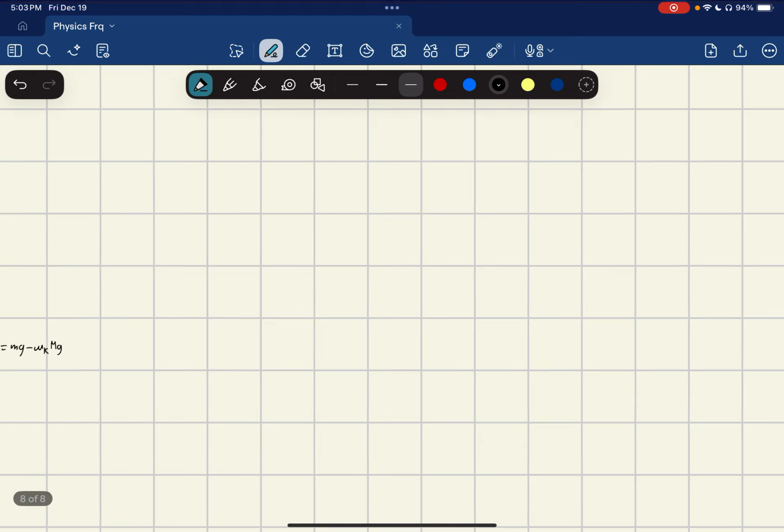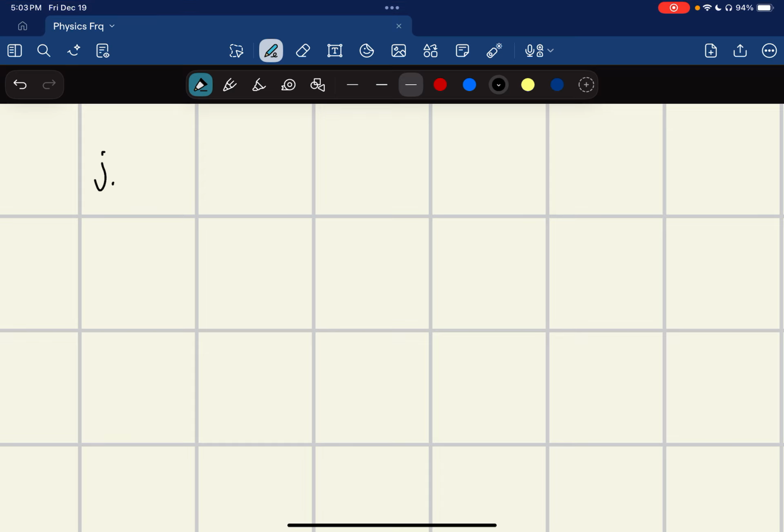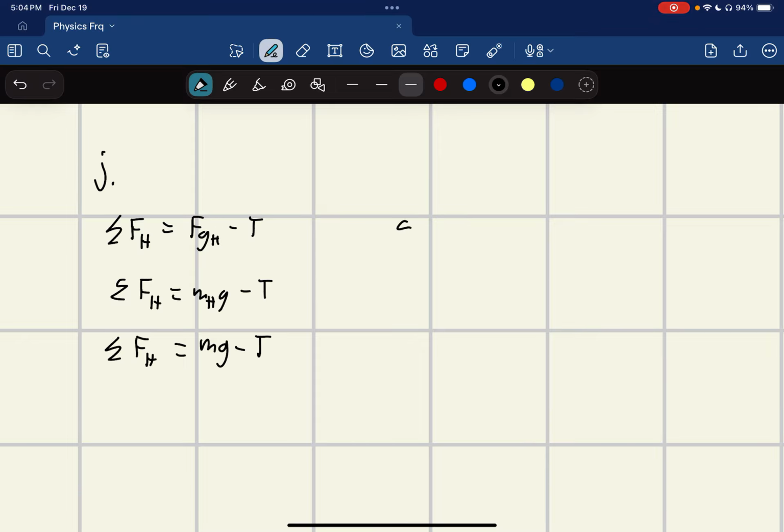All right, for J, it asks to calculate the tension of the string connecting the sliding block S and hanging block H. And then here I would just look at the hanging block H. So then net force of block H is equal to FGH minus T, which equals MH times G minus T, which equals lowercase mg minus T. And net force of H is also equal to just MH times acceleration, which equals lowercase m times a.